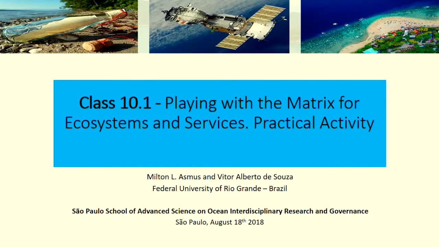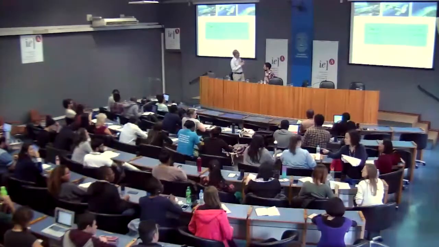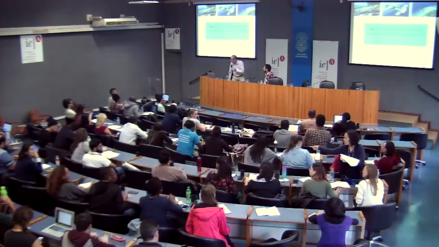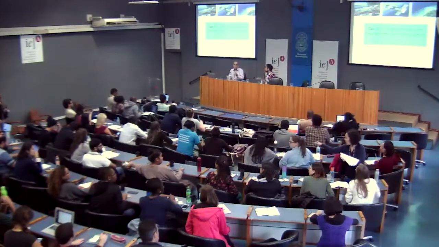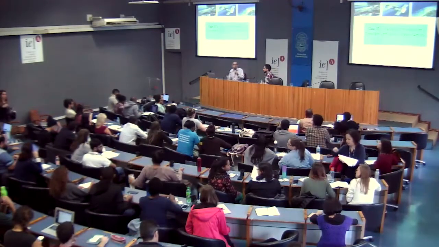Let's work in couples again, okay? So something to work with your colleague, all right? The material is being distributed. Okay, so I'm going to show you something. You're going to play with this matrix. You call it the matrix of ecosystems and ecosystem services, all right?